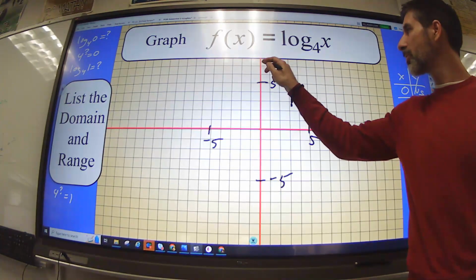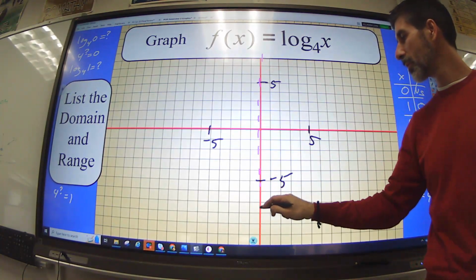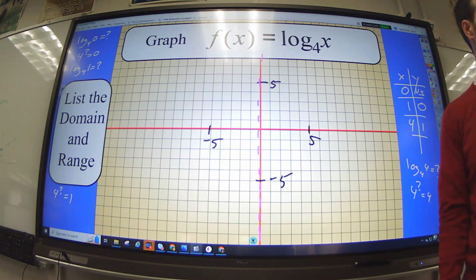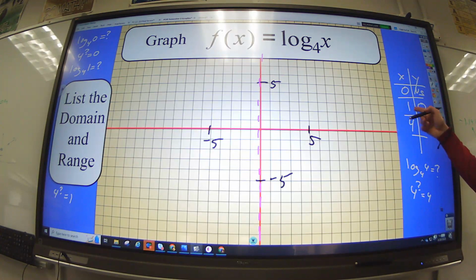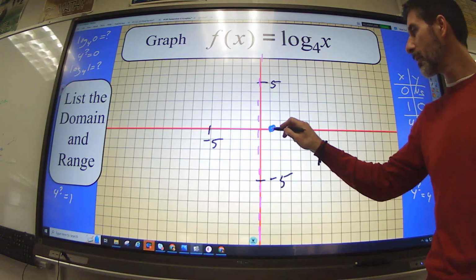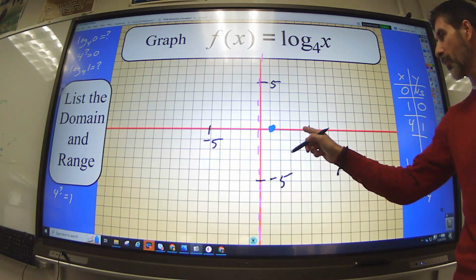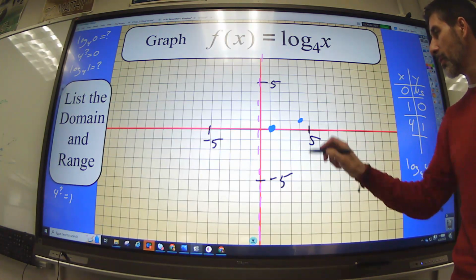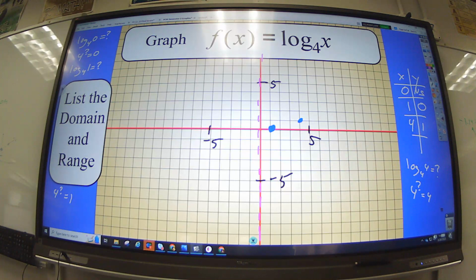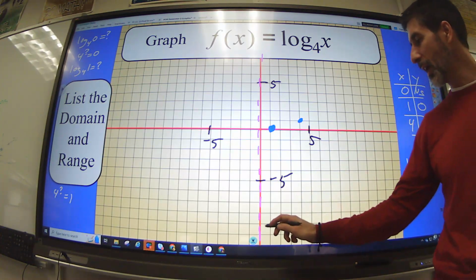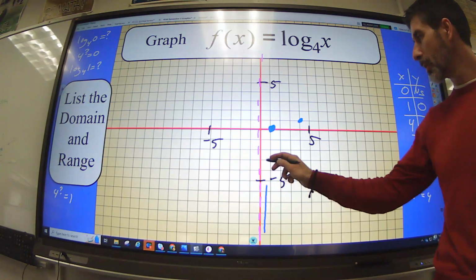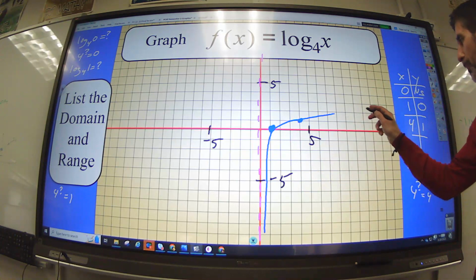At 0, it's no solution. Right? Got that there. 1, 0. Do it in blue. 1, 0. 4, 1. Right? Now, all you have to do is know that it hugs the asymptote, goes through these points, and shoots over here. Pew!